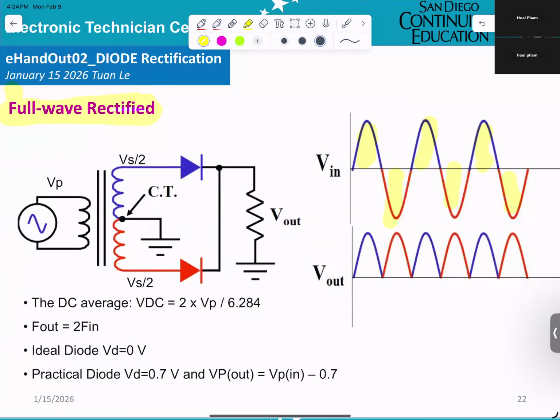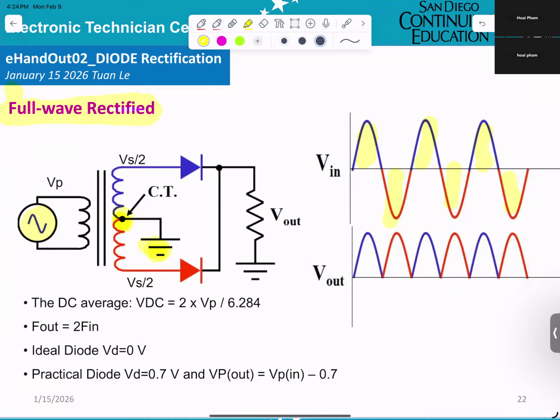Now this is the primary voltage. When they go to the secondary, you get the ground in the transformer, connected to the ground. That means they divide by 2.